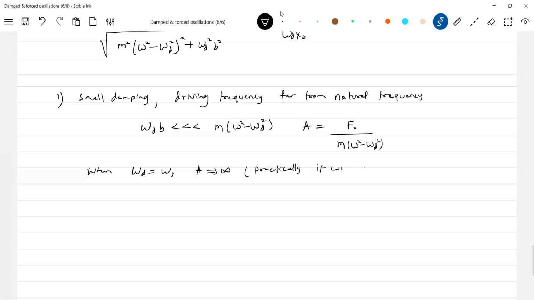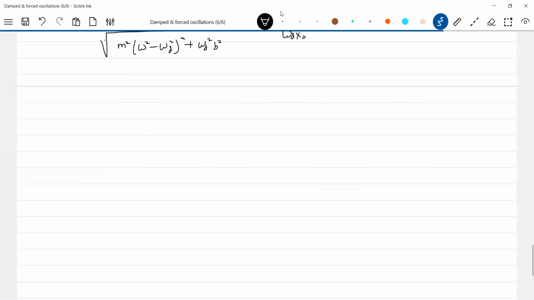Practically, it will be large, not infinity, due to some damping. You're saying small damping, not zero damping, so small damping will be there. Okay, there's one mathematical condition you can put.